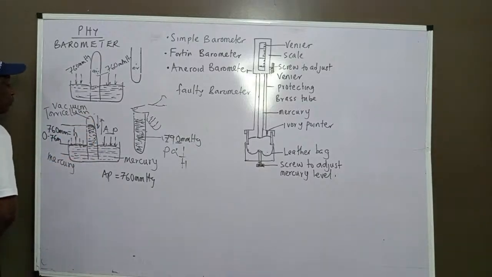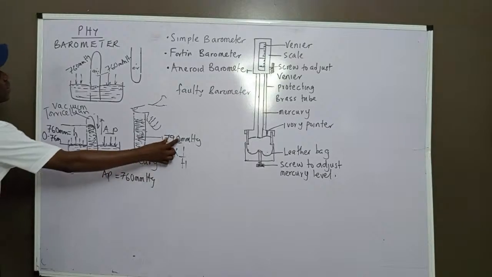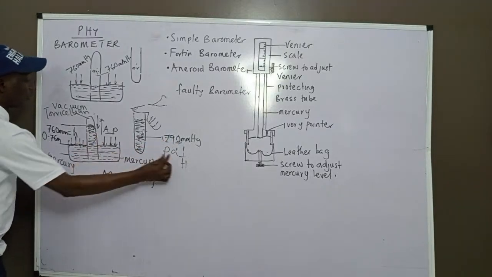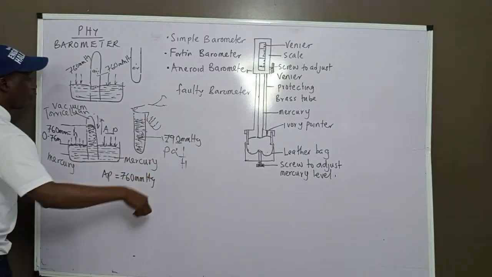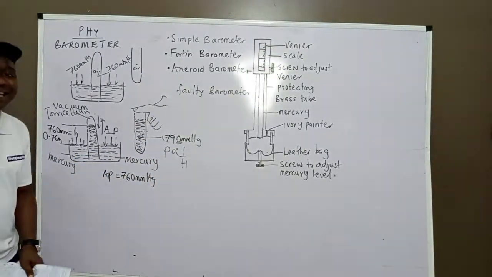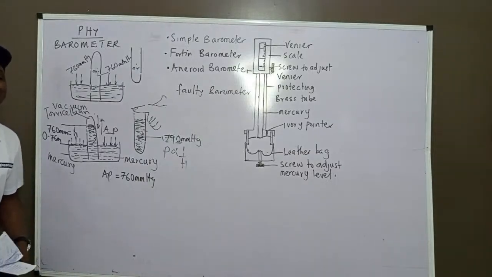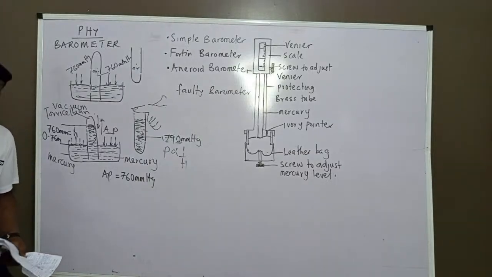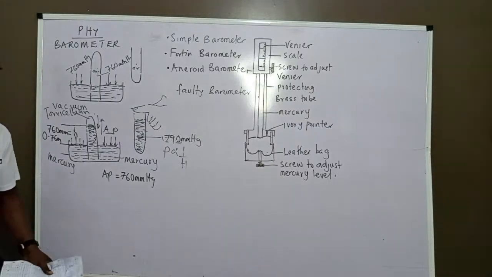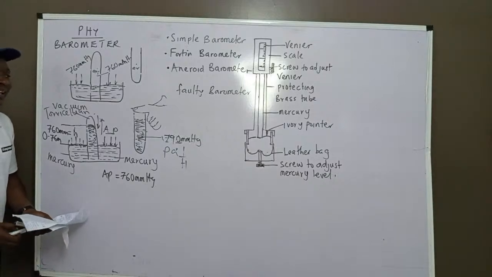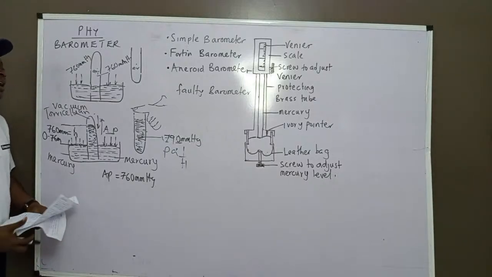We need this pressure to fall to 760, so the height must be raised, because when the height is raised, pressure falls. Don't forget, the pressure at sea level is 760 millimeter mercury, while below sea level it is higher than 760 millimeter mercury, while pressure on a mountain is lesser than 760 millimeter mercury.